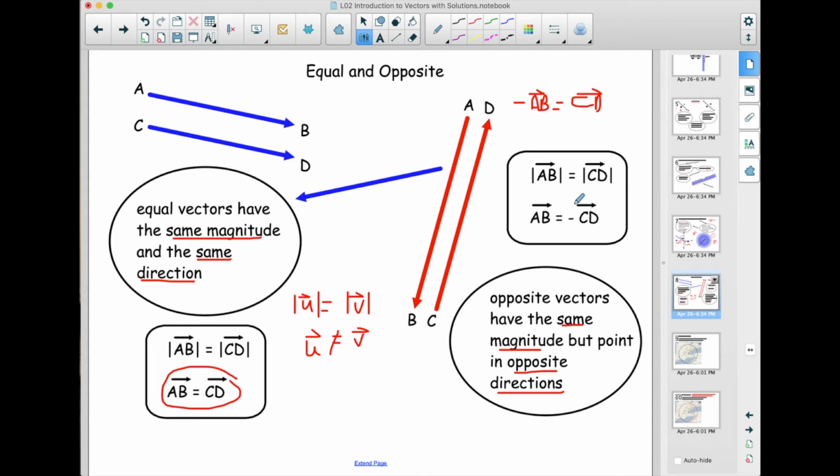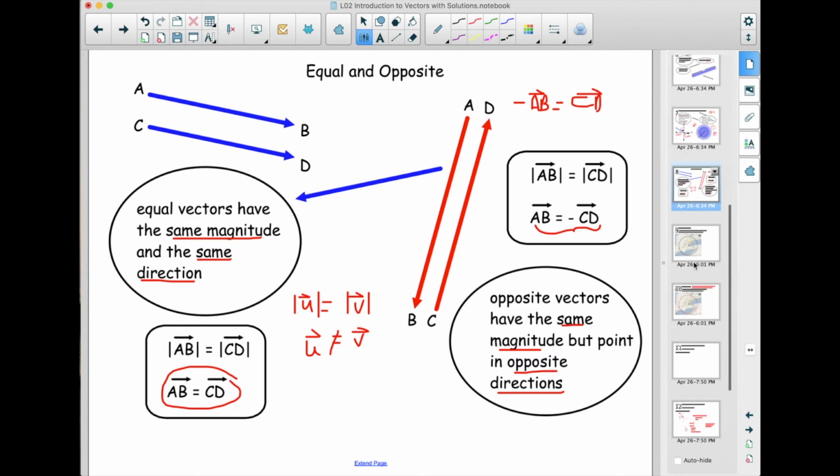So these two vectors are opposite, and if two vectors are opposite, it automatically implies that their magnitudes are the same. This will tell us that two vectors have opposite directions. All right, so that covers the definition of equal and opposite vectors.